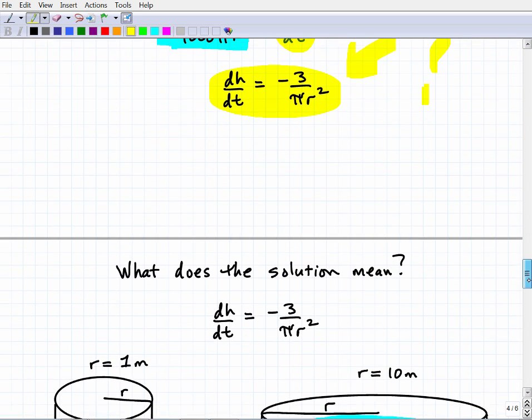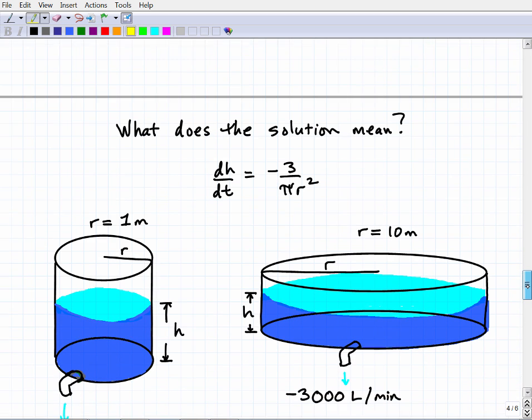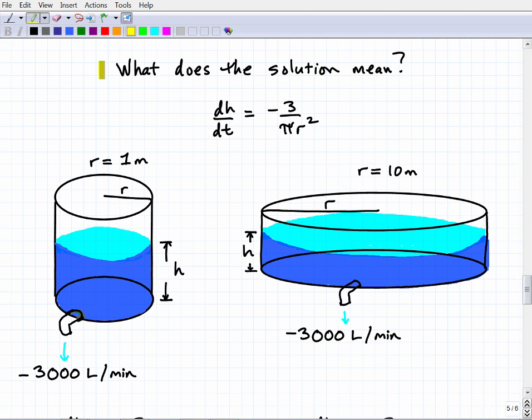All right, so let's go down here, and this is the essence of calculus, okay? In terms of the related rates of change, we use this equation. We have a specific kind of equation to help us determine how fast the fluid level is going to drop with respect to time.